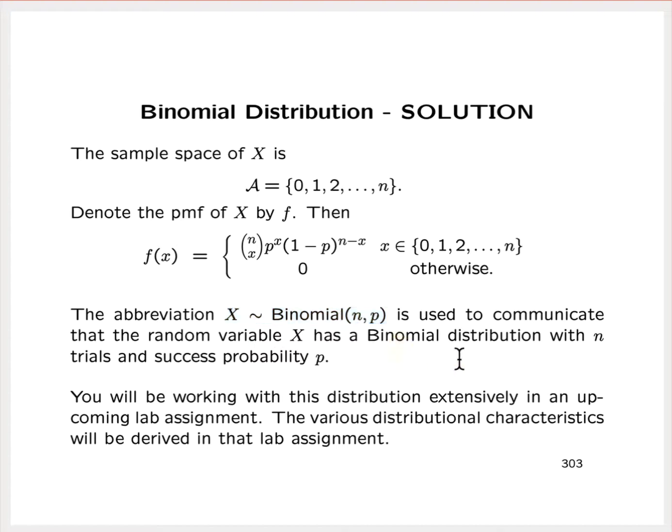Now, you're going to be working with this distribution in an upcoming lab assignment, and so I'm going to leave the work of deriving the various distributional characteristics to you in the context of that lab assignment. So I'm not going to say anything more about that, at least not in this lecture video.